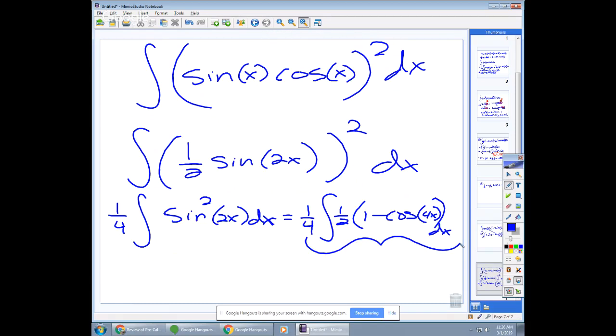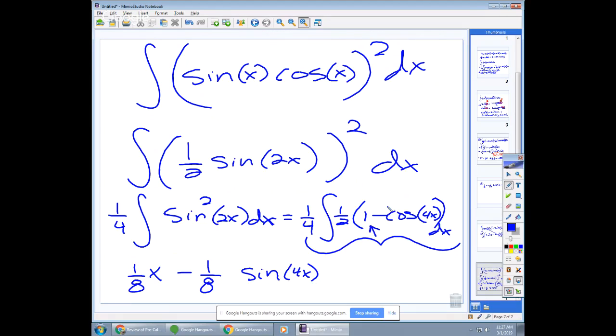So 1/4 times 1/2 is 1/8. The antiderivative of 1 is x. Minus, I'm going to bring that 1/8 in, antiderivative of cosine. Yeah, sine. And then if I take the derivative of that, there should have been a 4 out front here.